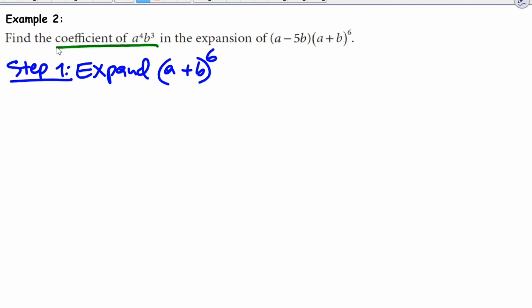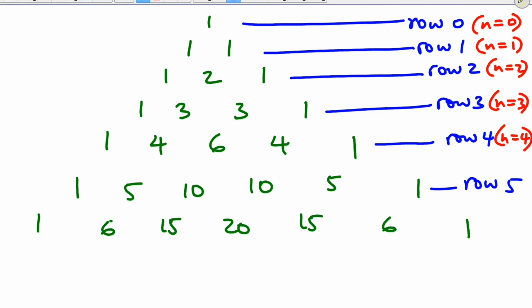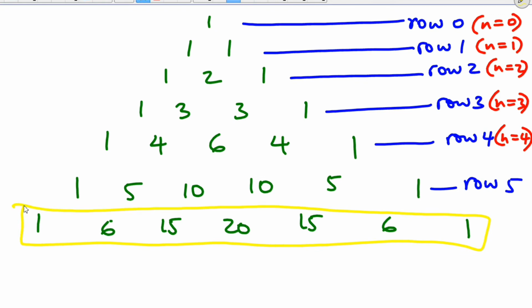And we can expand this using the binomial coefficients from Pascal's triangle, which are actually here. Now, because n is 6, that means that these will be our binomial coefficients. Okay, so they are 1, 6, 15, 20, 15, 6, 1.